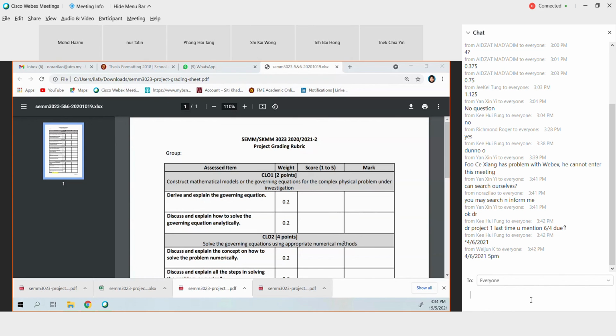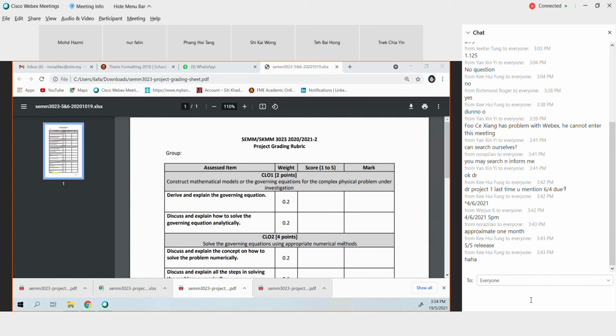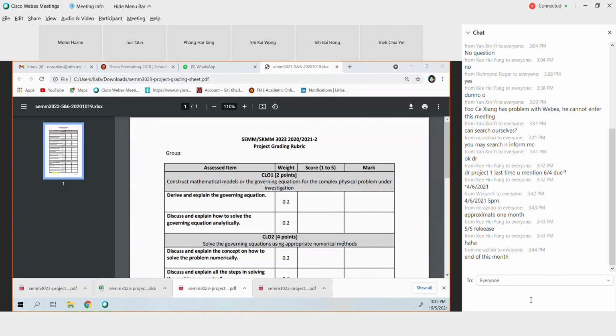Only 1 month, approximately. When I released project 1, you had approximately 1 month. Maybe there was a mistake, 4 June is too long. So by the end of this month. The coordinator wants only about 3 weeks, so I give roughly until the end of this month.